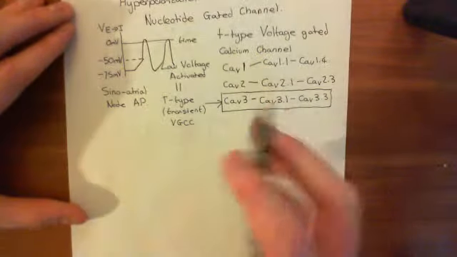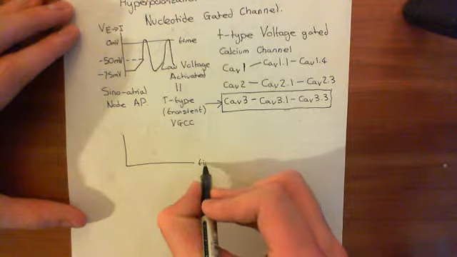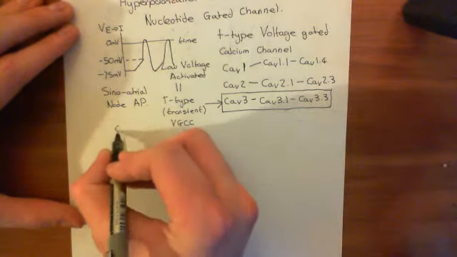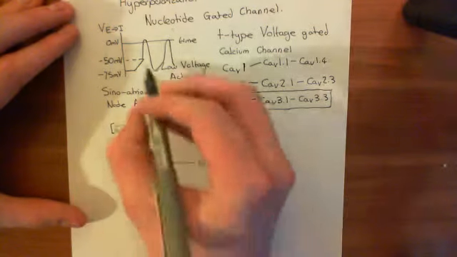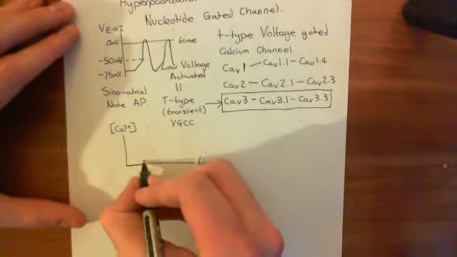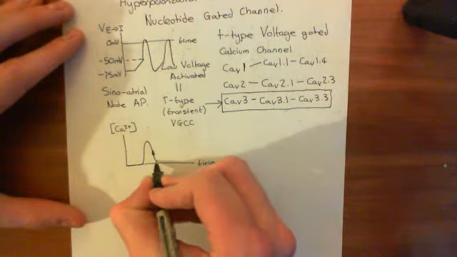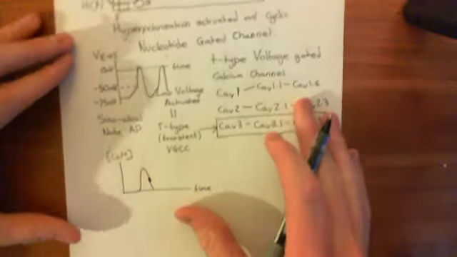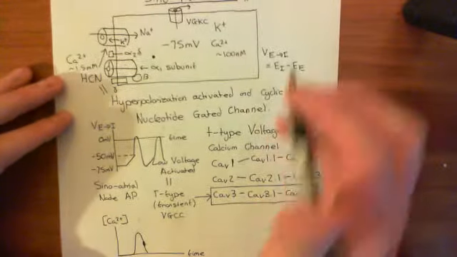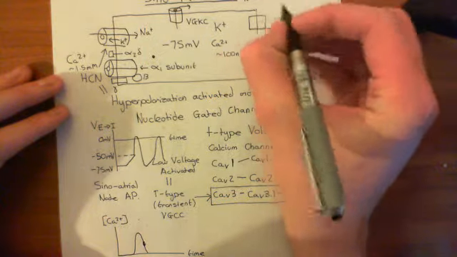So what you're going to see is, if we plot calcium concentration against time, so here's time, here's calcium concentration, what you're going to see is that every time you get an action potential, the calcium concentration goes up, and then afterwards it goes down. So after the T-type calcium channel is closed, it goes down because there will be two membrane proteins whose job it is basically to extrude calcium.